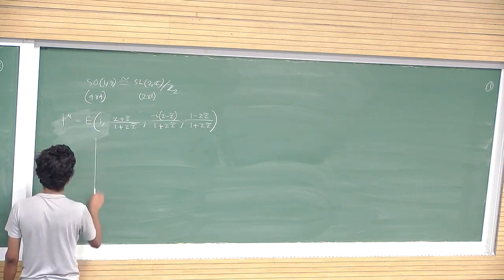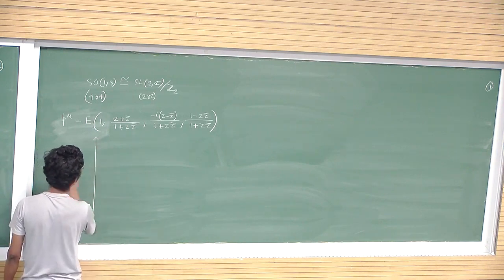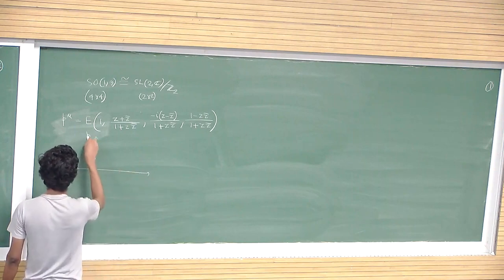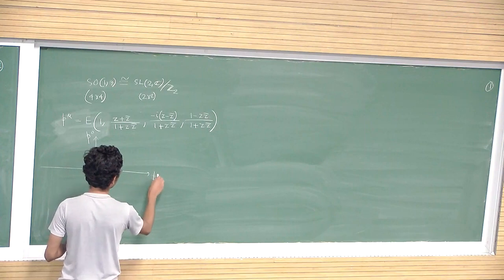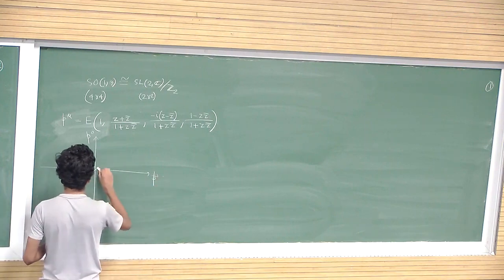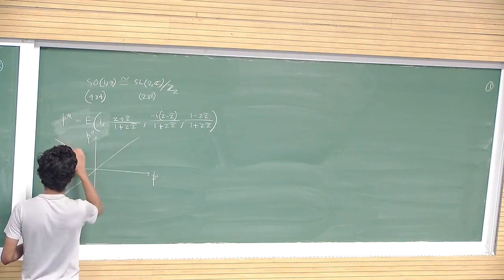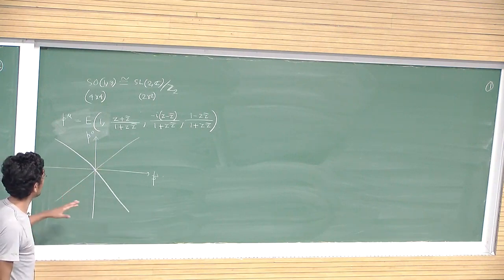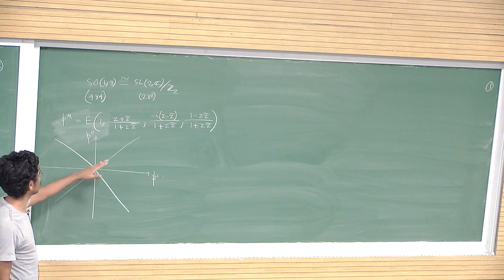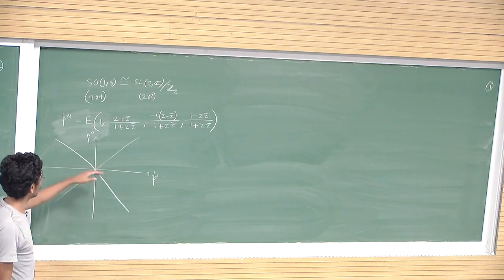So the picture is something like this. This is the P0 direction in momentum space. Suppose this is the spatial direction. If this is the null cone, then the momenta of all the massless particles have to lie on this null cone.